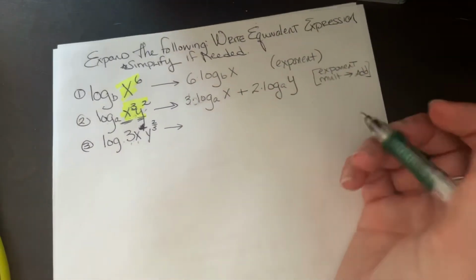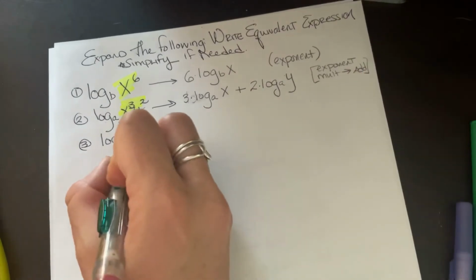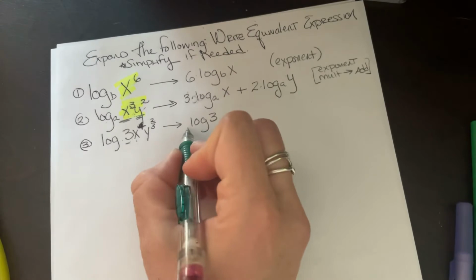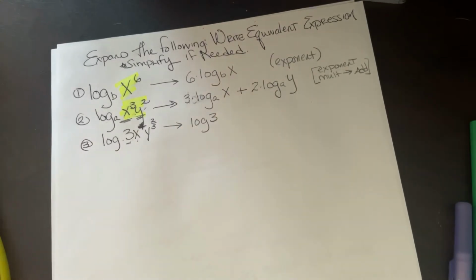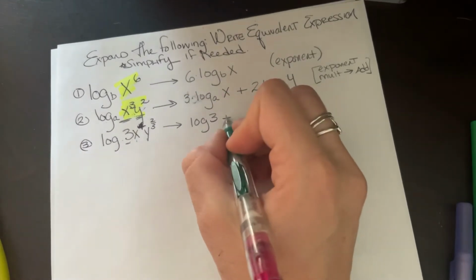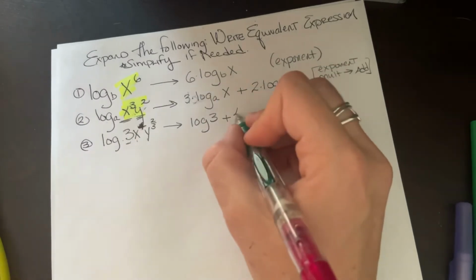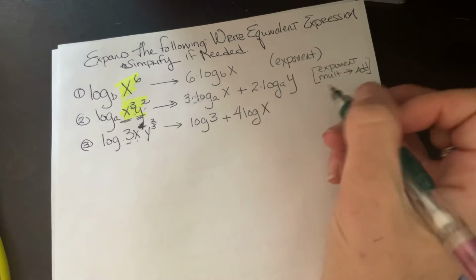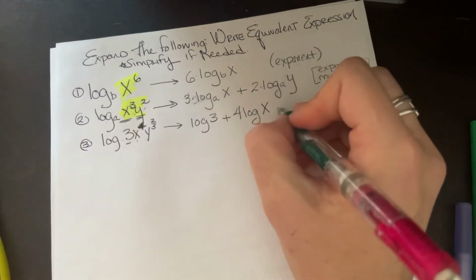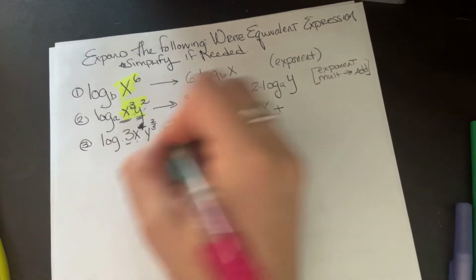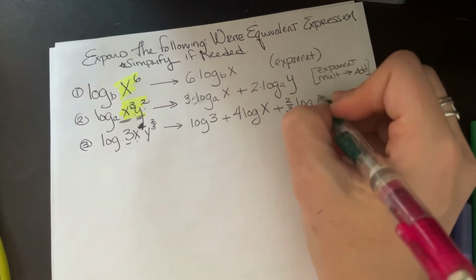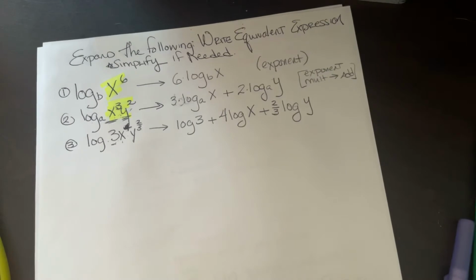So first one, we got log 3. I have nothing in front because I don't have an exponent. Multiplication is addition. Exponent, 4 log x. Again, an addition because it's multiplication. Exponent, 2/3 log y. Done.